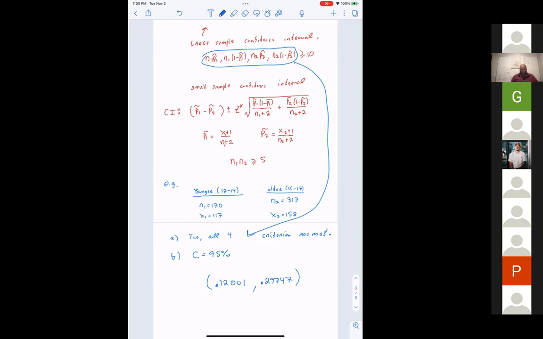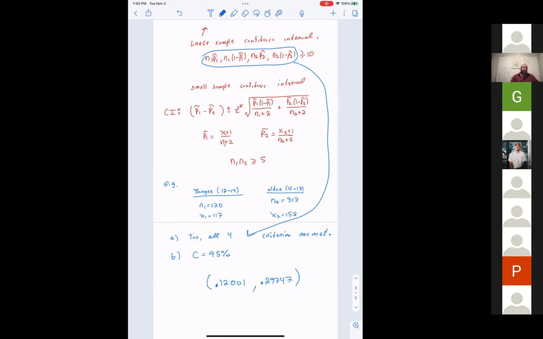The difference between the younger line and the older line would be between 12% and 29, 30%? Yeah, so you can always round. So we are 95% confident that the true difference in proportions between those of the younger crowd and those of the older crowd is somewhere between 12% and 30%.